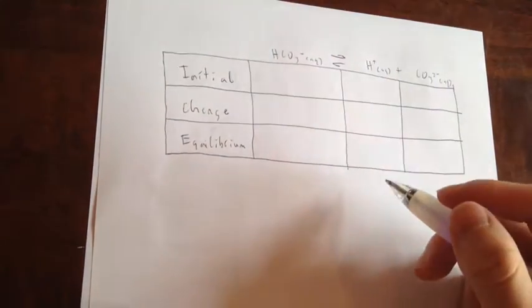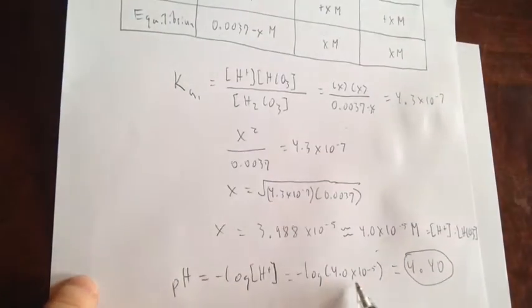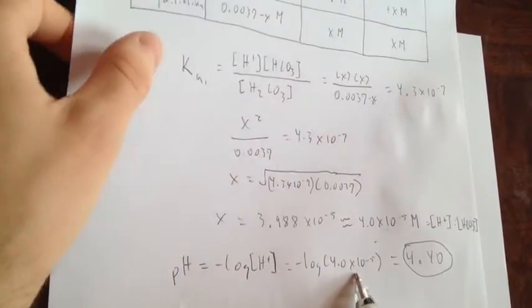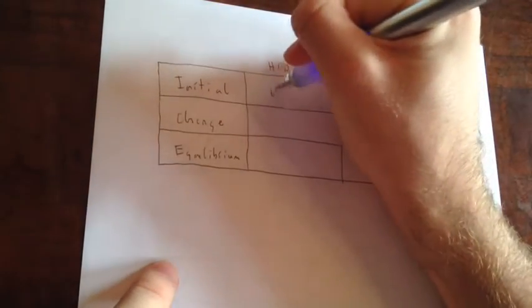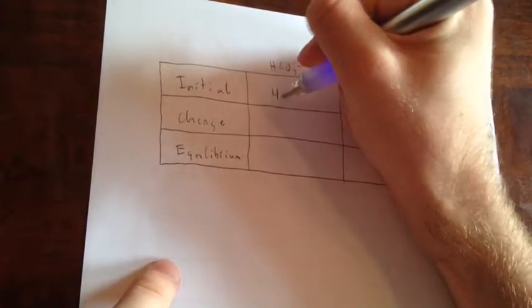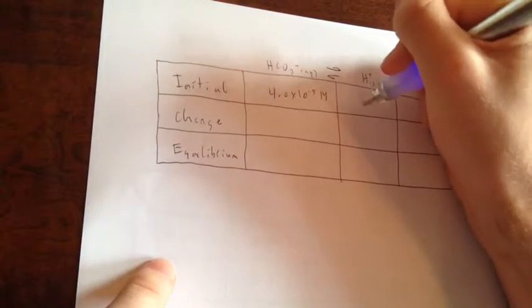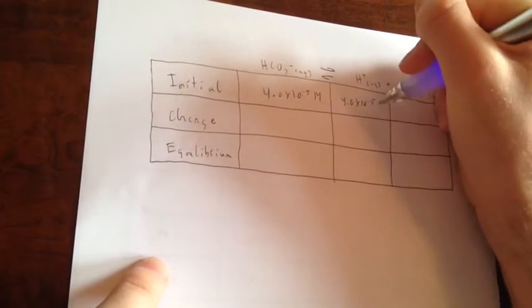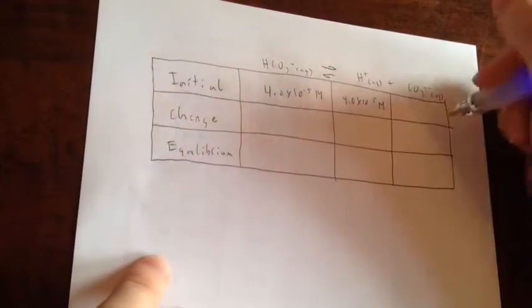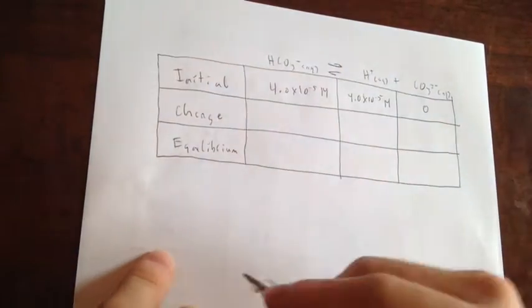From the previous work, we know that the concentration of the bicarbonate and hydrogen ions is 4.0 times 10 to the negative 5th. The concentration can be written here. The concentration of the carbonate ion is 0.